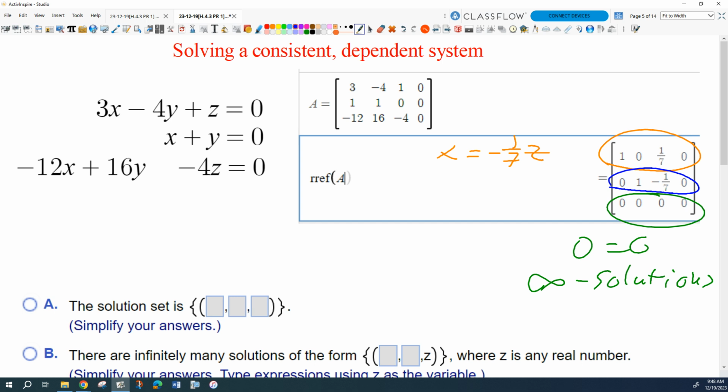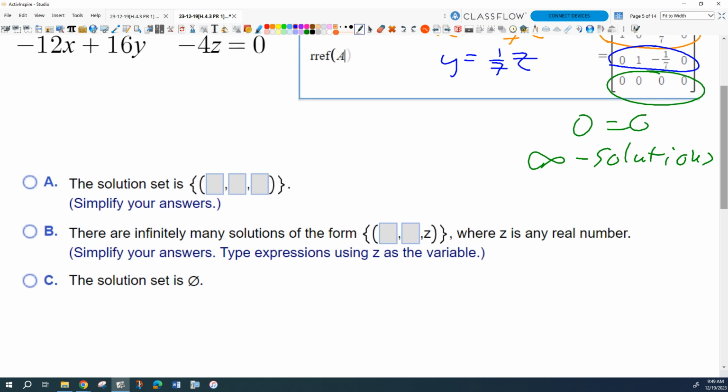What's that one telling us? Yeah, y minus 1/7 z equals 0, so y equals positive, if I isolate the y, 1/7 z. Okay, so what's that telling us then? We've got a free variable. Our answer would have to go into row B, right? There's an infinite number of solutions, but they're of the form where they're constrained, where z could be any real number.